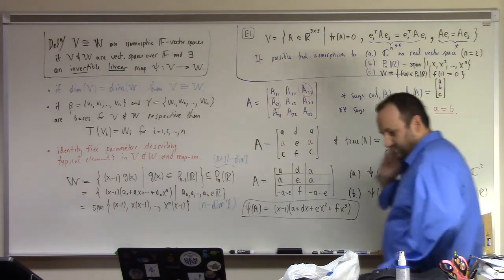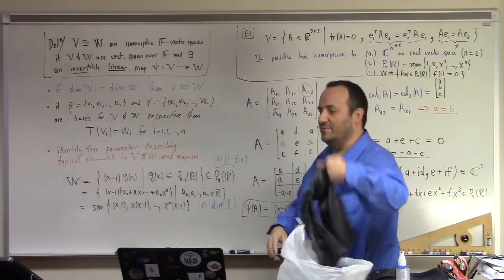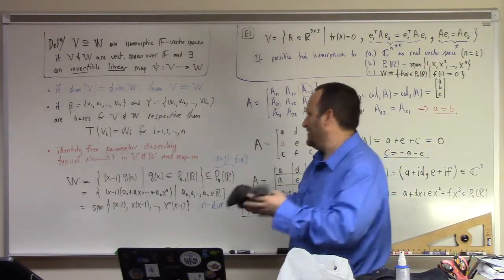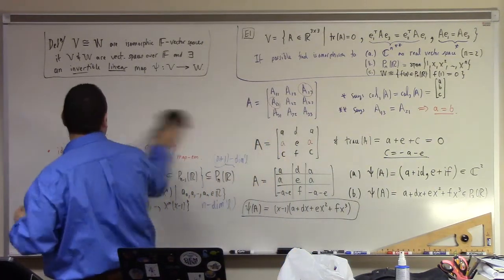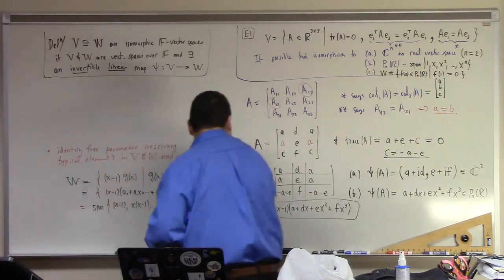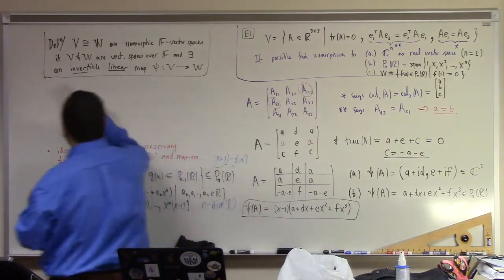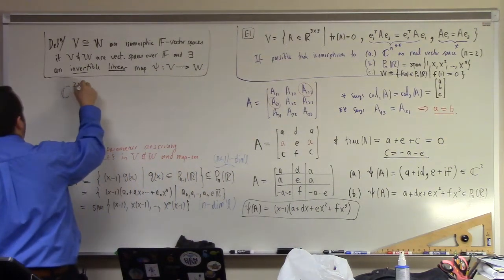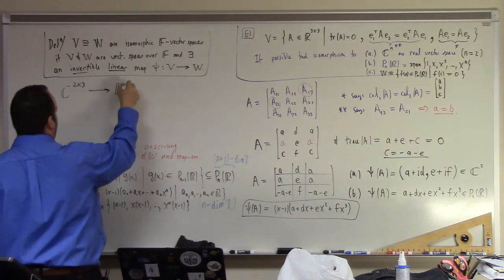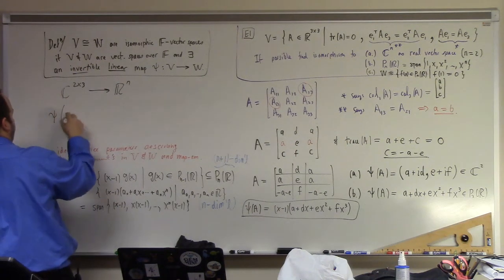You know, there are other things that are just easier, right? Like if I say, find an isomorphism from, say, C^(2 by 3) to R^n for appropriate n, that's easier, right?